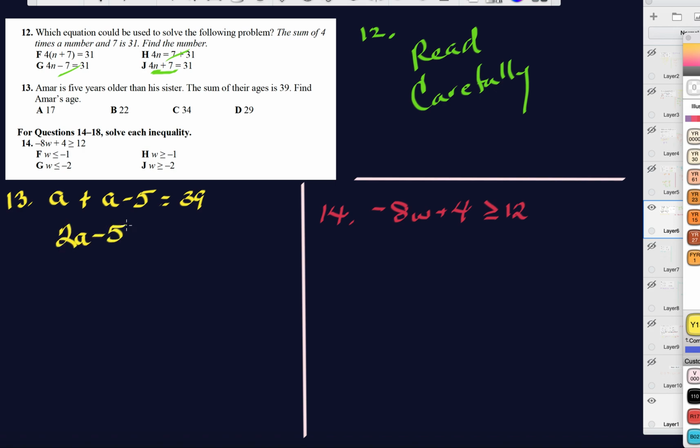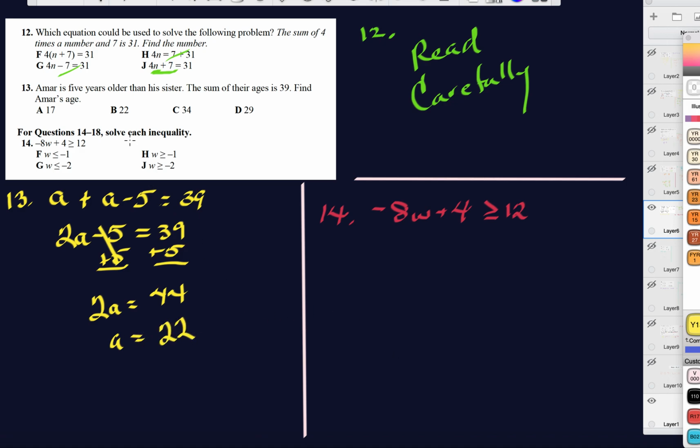Minus 5 equals 39. I'm going to add 5 to both sides. Right? That's the addition property of equality. 39 plus 5 is 44, so 2A equals 44.